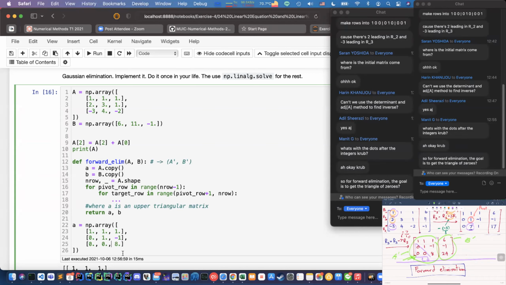They require the diagonal to be 1 as well. That works too. Okay. Make sure your code works with any dimension though.